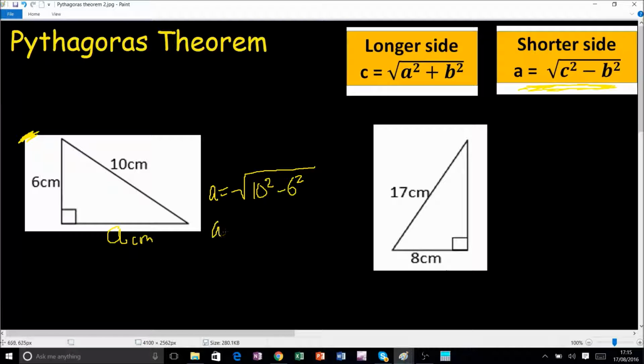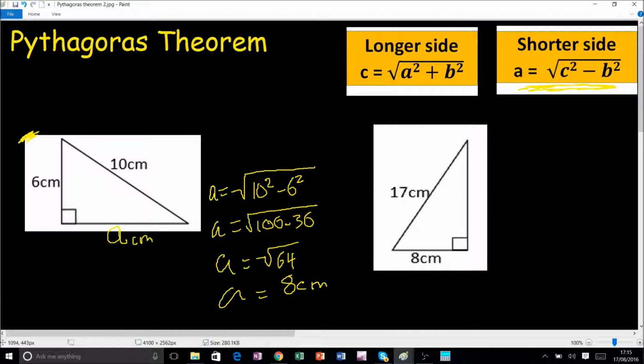So A is equal to 10 squared is 100, 6 squared is 36. So A is equal to the square root of 64, and A is therefore equal to 8. Lovely, very easy, simple. 8 centimeters, shall I say.